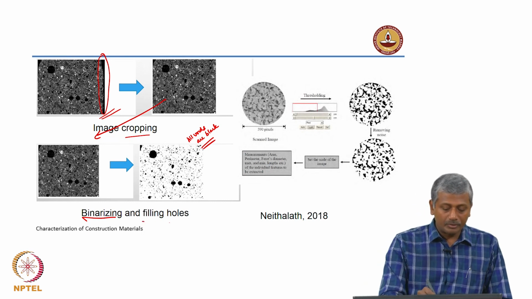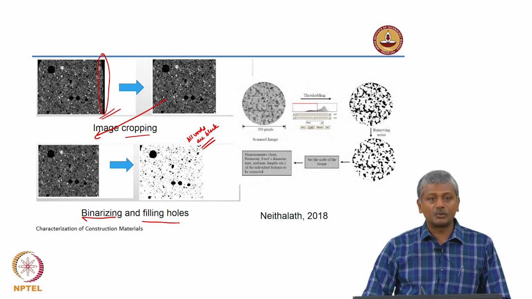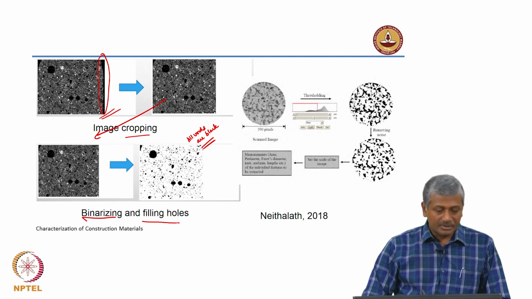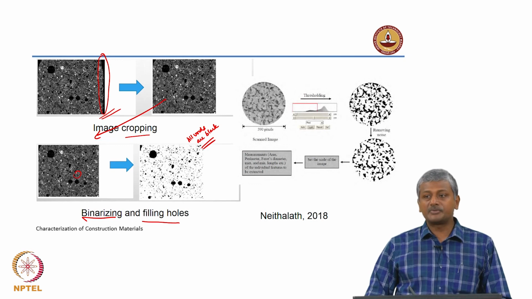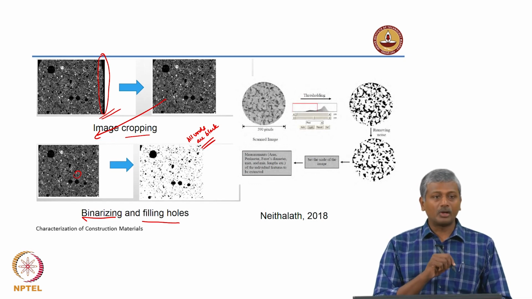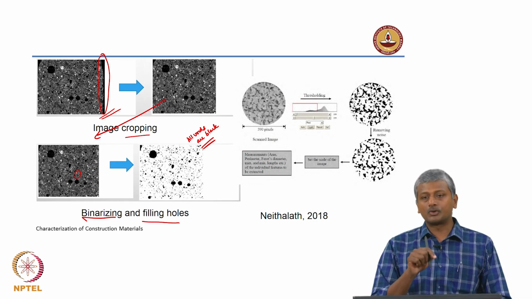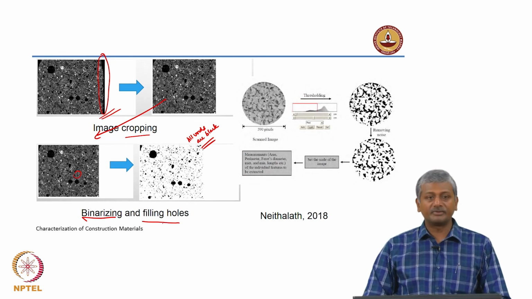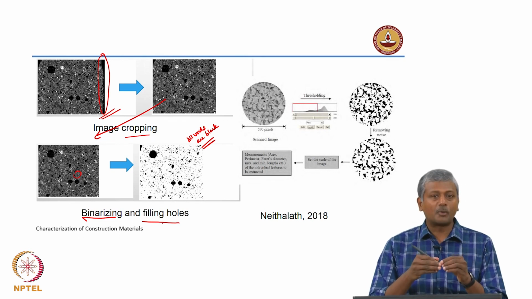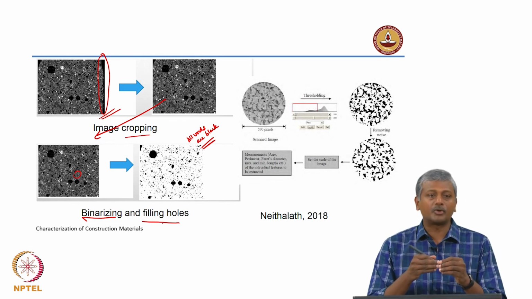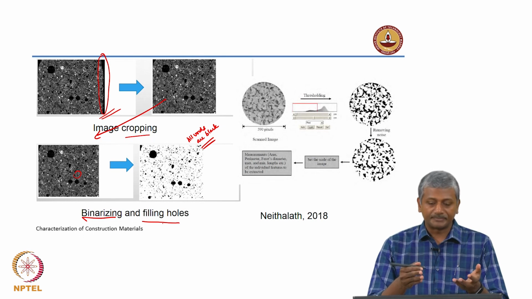Now, hole filling may have to be resorted to in some cases because some very minute spots here which may be part of your solid faces may start appearing as holes. You want to characterize your voids carefully, right. So, you need to ensure that you do this hole filling sort of a kernel operation also, that ensures that those spots which would otherwise not have been counted in the porosity are removed.